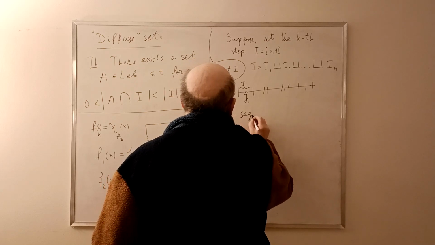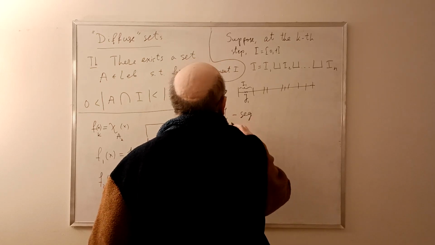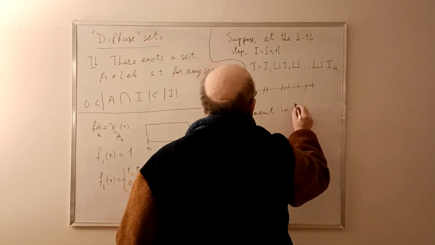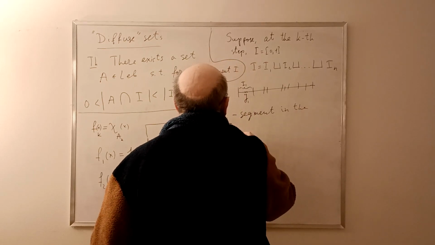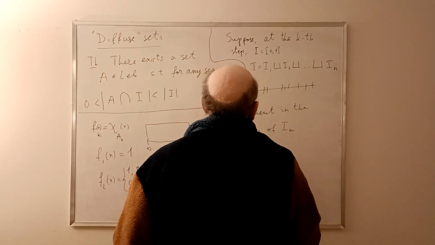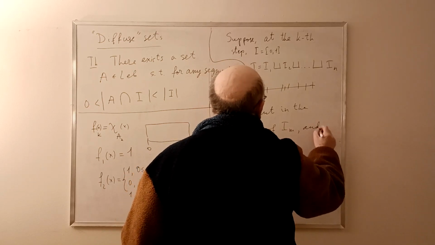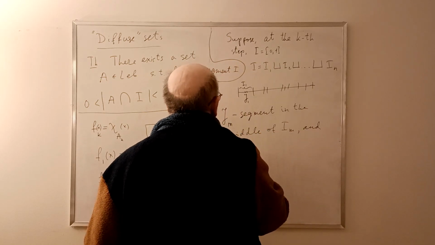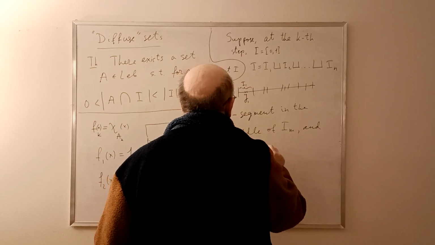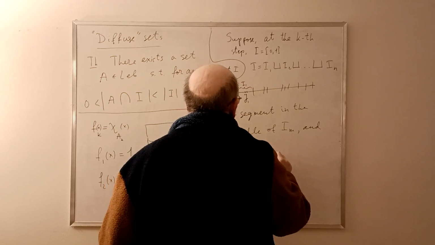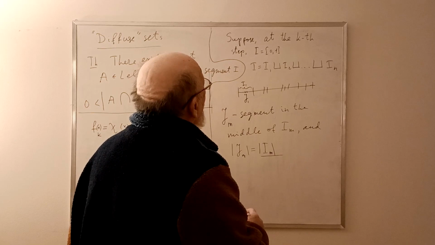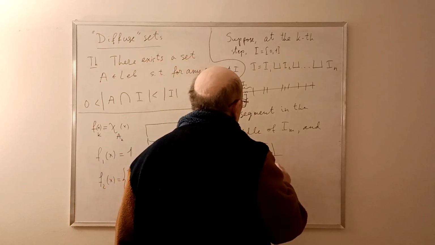Then Jm is a segment in the middle of Im, and the length of Jm equals the length of Im divided by something large, at step k, k factorial, for example.